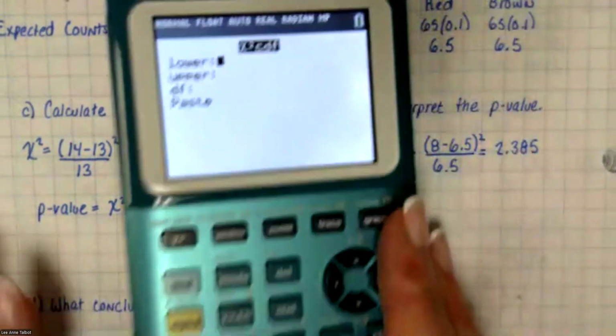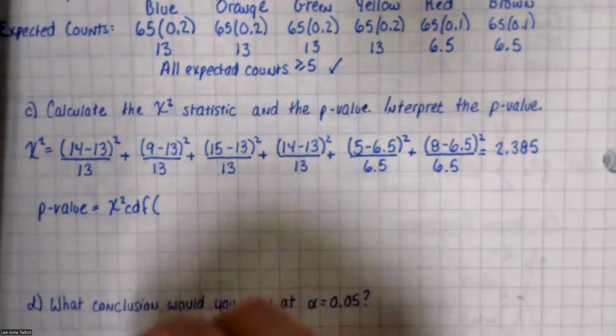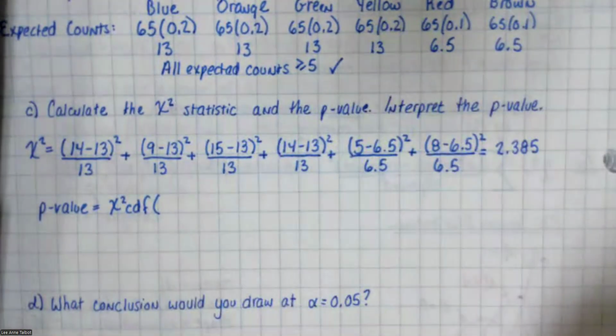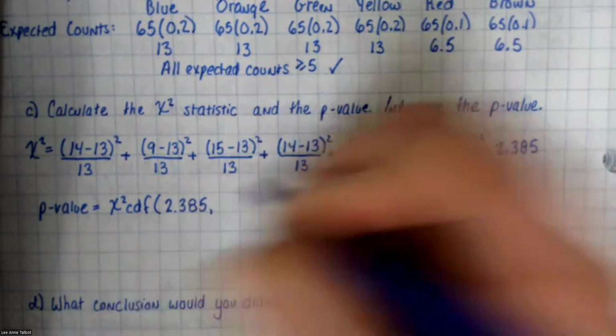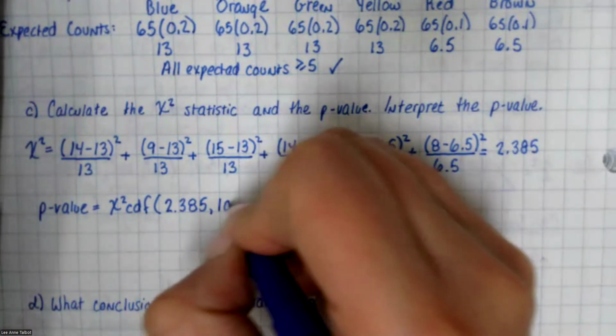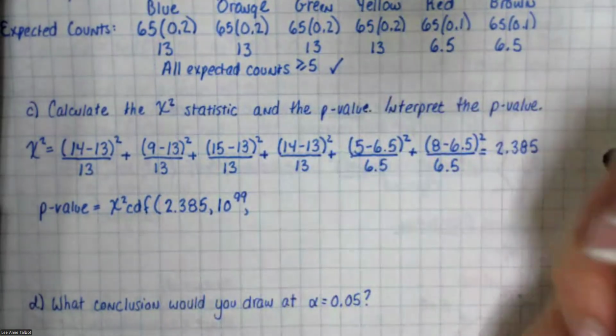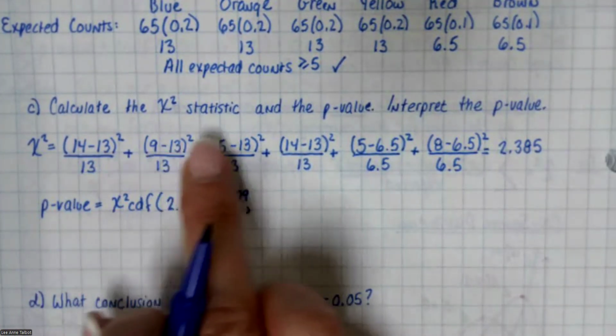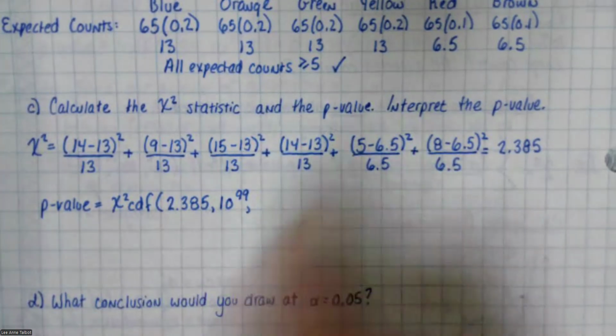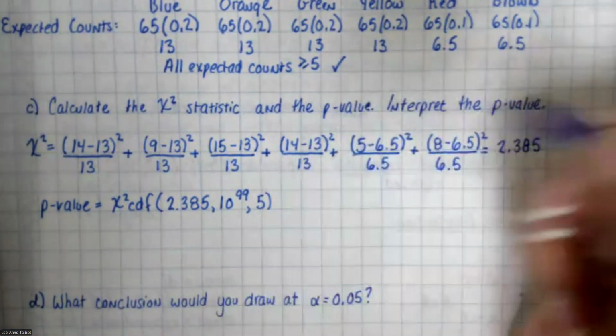Because it's right skewed, we don't have to worry about any negatives, also because it's chi-square. So 2.385 is the low. Infinity is the high. And then degrees of freedom is categories minus one. 1, 2, 3, 4, 5, 6 categories. So degrees of freedom is 5.